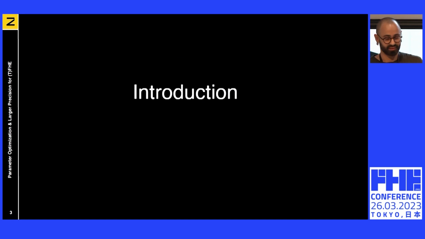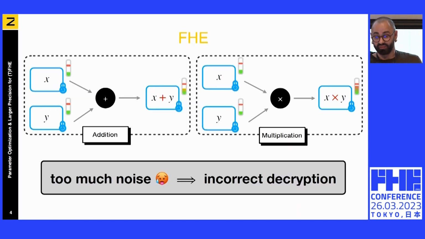Okay, so let's introduce. FHE, you all know what it is, right? But we're going to go fast on that. You can do computation on encrypted data. So you can do additions, for instance, and multiplications. You all know that we have this noise problem.